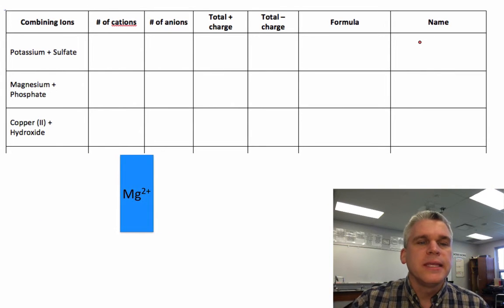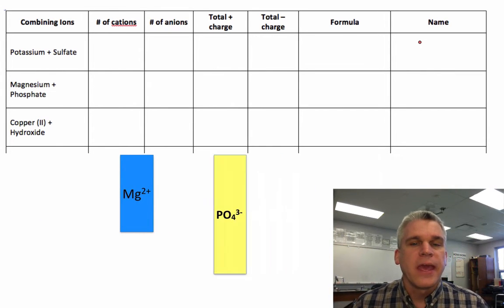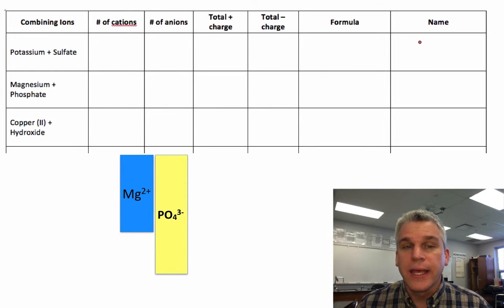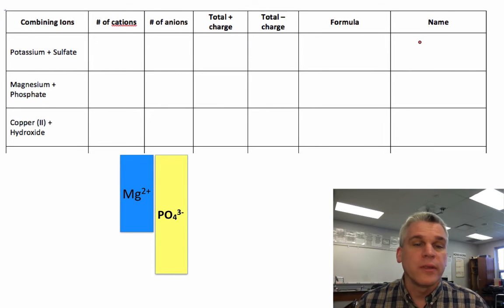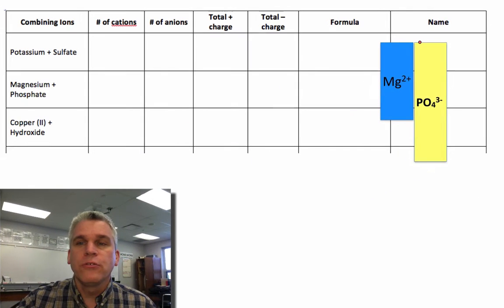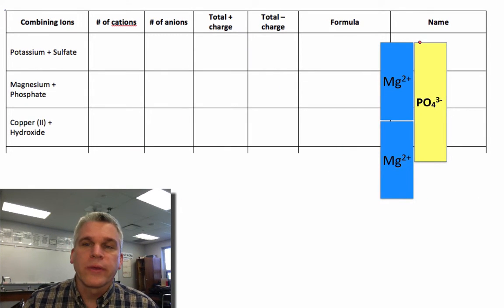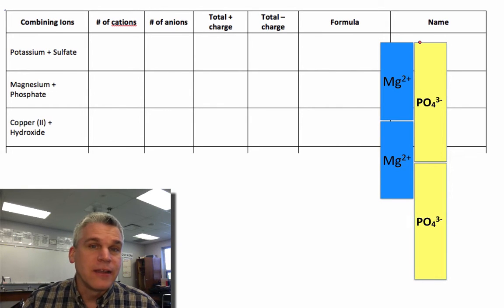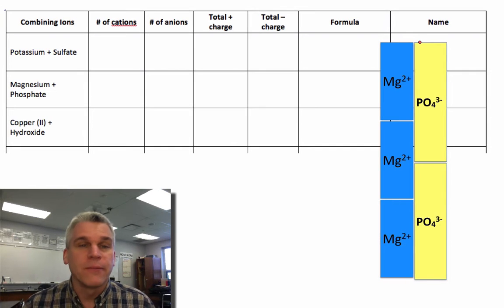All right, well, let's do another one. Let's take magnesium, which is 2 plus, and phosphate, which is 3 negative. Now they don't equal up, so we need to add another magnesium, another positive. But now there's a greater positive charge than negative, so we need to add another phosphate. But now it's not even with the positive, so I need to add another magnesium.